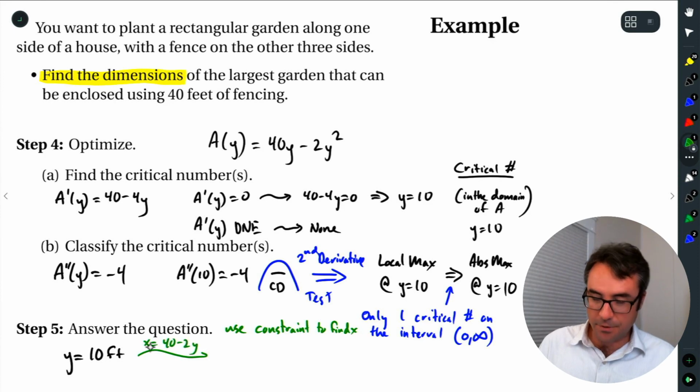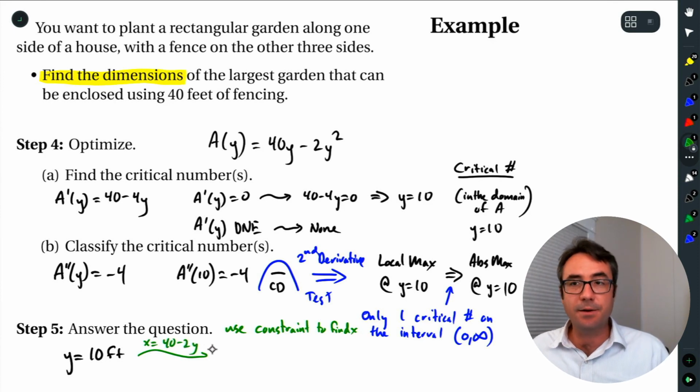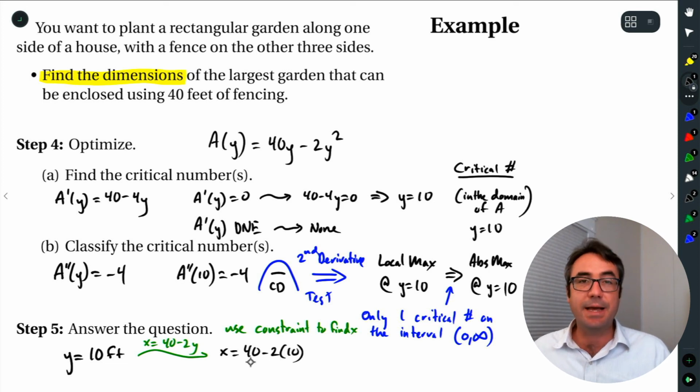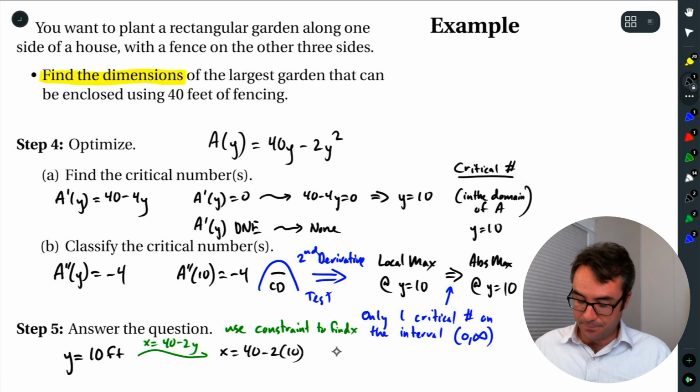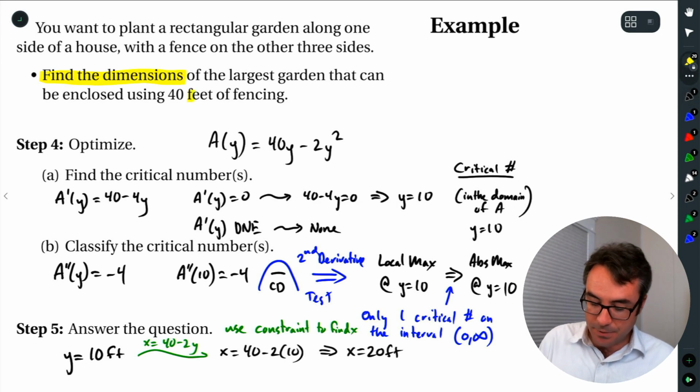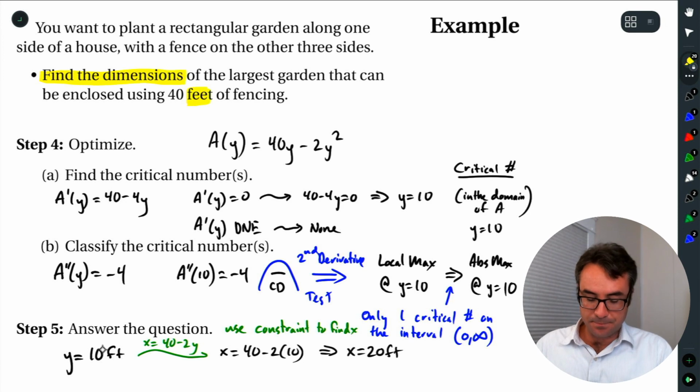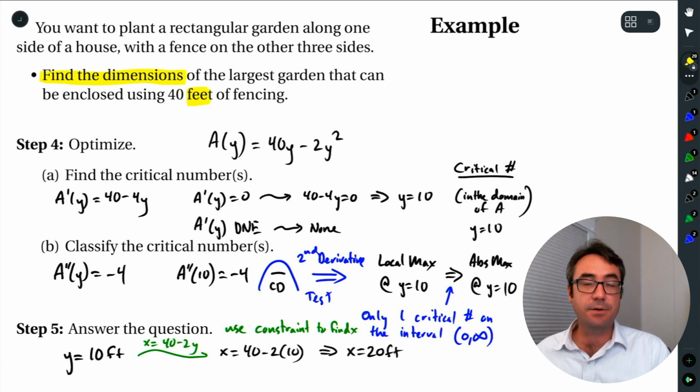We already solved for the other variable. So go back to there, and let's plug in what y is. So we get x is equal to 40 minus 2 times 10. Do the calculation there. We get x is equal to 20. And our units in this case are feet. So make sure we're using units. So we found our two dimensions. A 10-foot by 20-foot garden is going to give us the largest area.